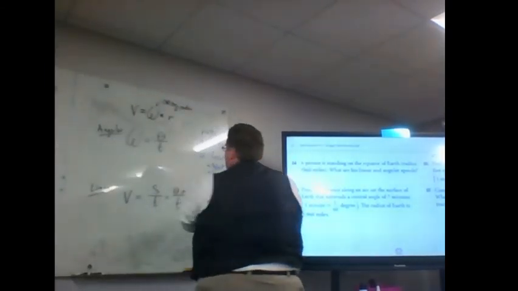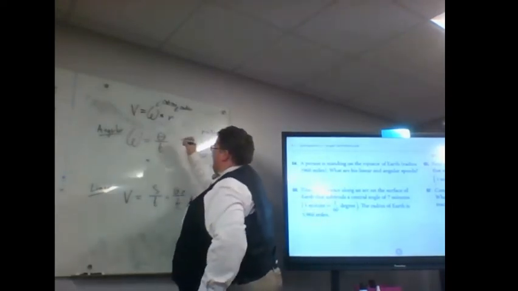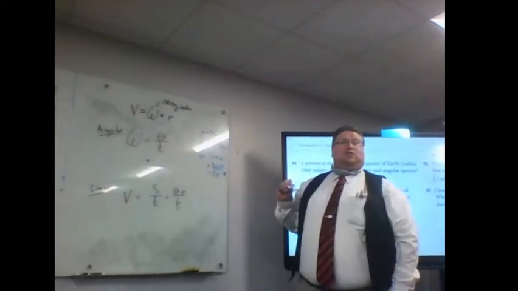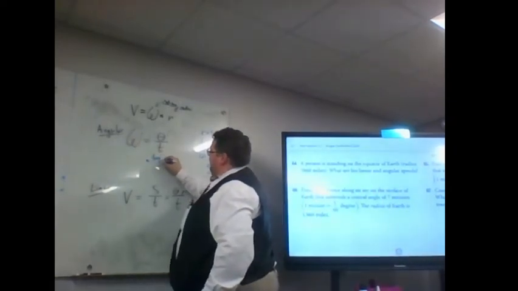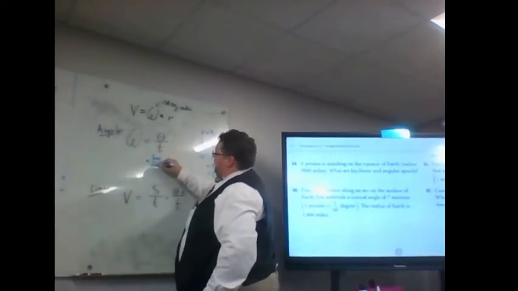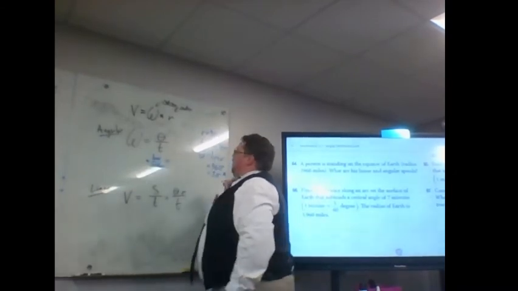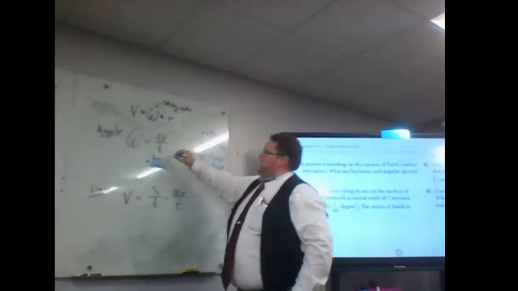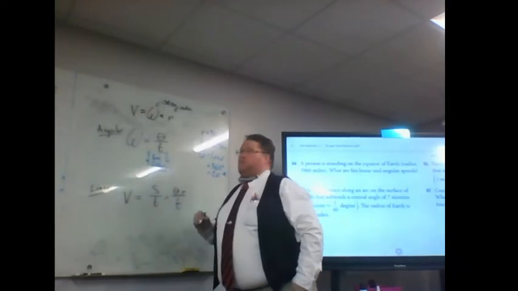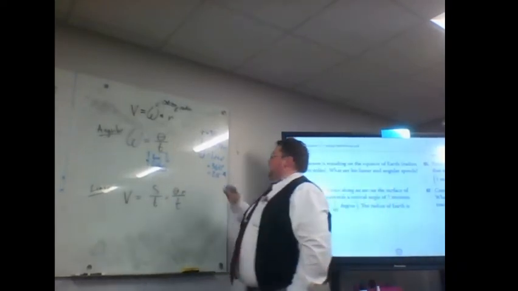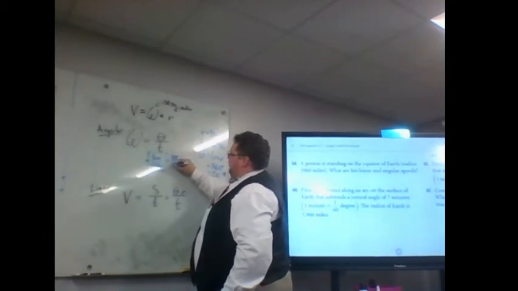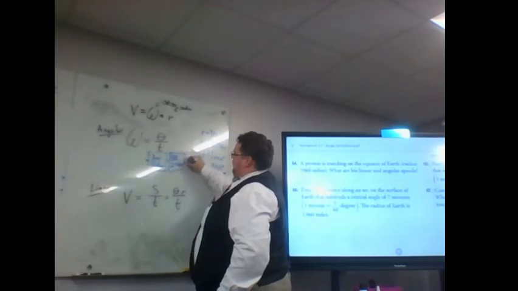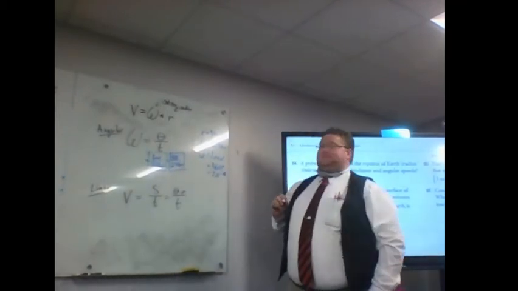Let's go ahead and take a look. So for omega, I would do theta over t. I'm going to showcase the 3 answers you could probably get. You could get 1 revolution per 24 hours. That is one acceptable answer. You can also get 2 pi per 24 hours, which we reduce to pi over 12.